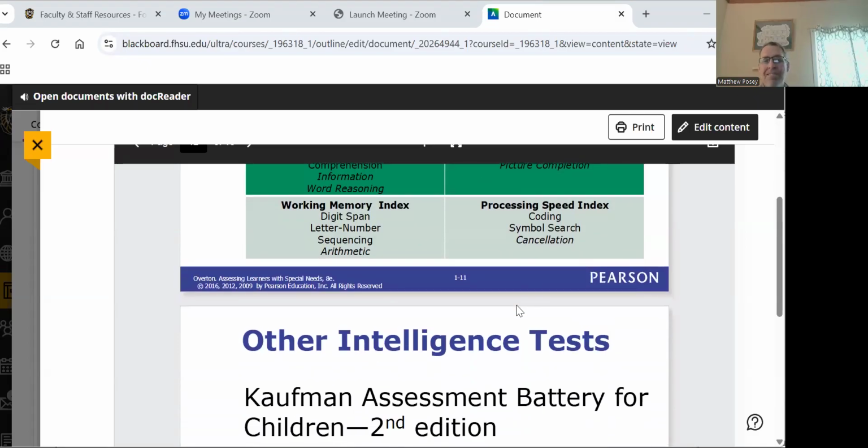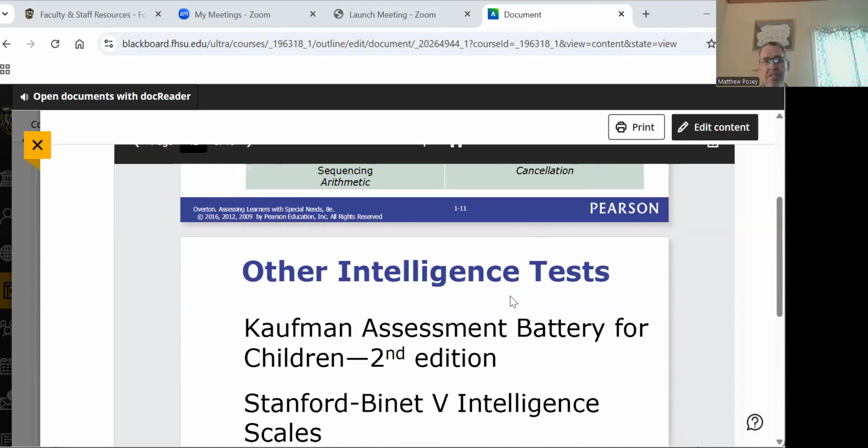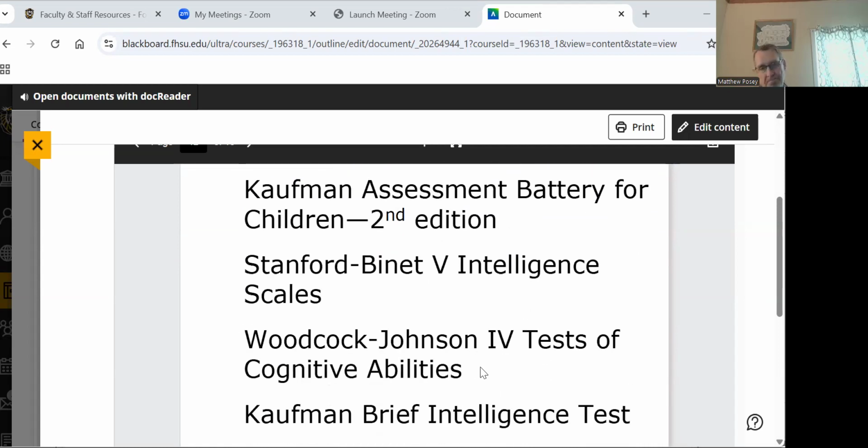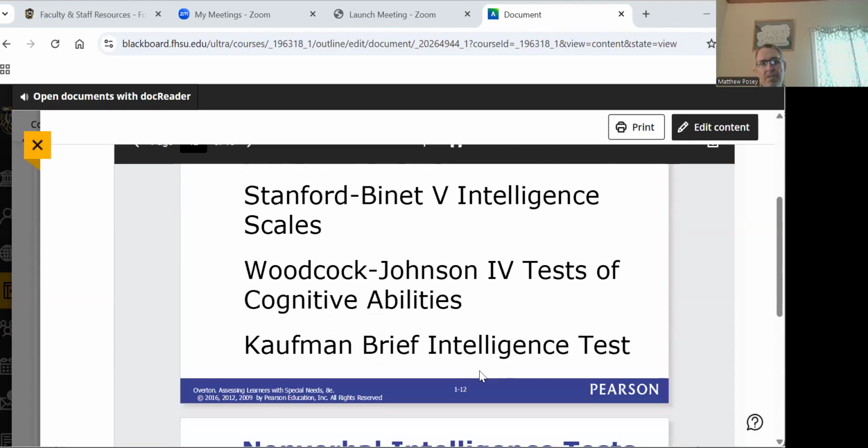Other popular intelligence tests commonly used that maybe you have heard about in your district are the Kaufman Assessment Battery for Children, Second Edition, Stanford-Binet, Fifth Edition, and the Woodcock-Johnson Test of Cognitive Abilities, WJ4 Cognitive. That gives us, instead of an IQ, a GIA, General Intellectual Ability score.